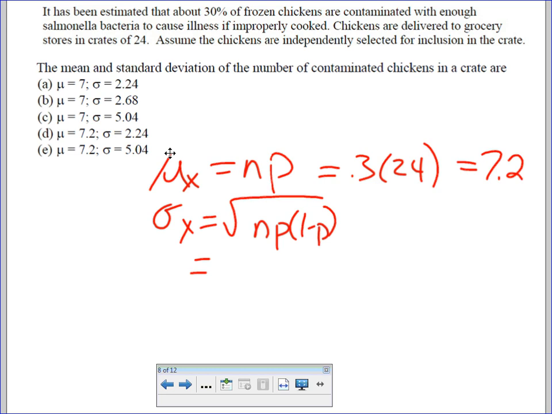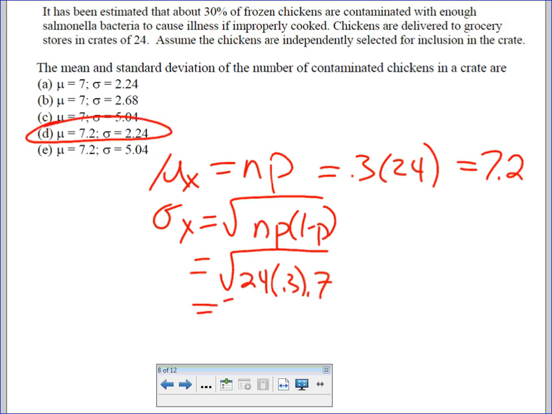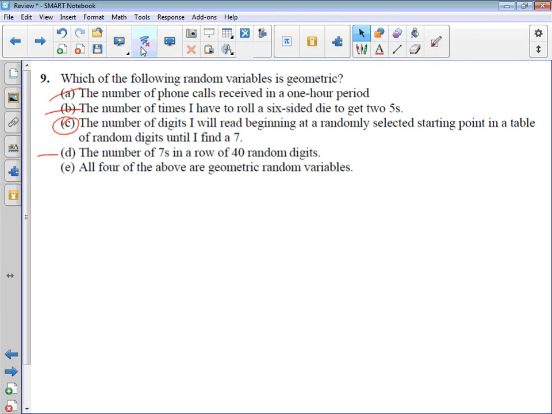And then my standard deviation is the square root of 24 times 0.3 times 0.7, which is 2.24. Uh-oh, I already had the answer on here. Sorry.